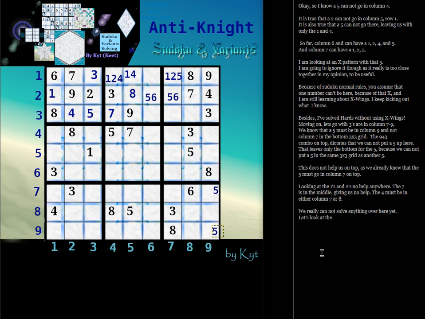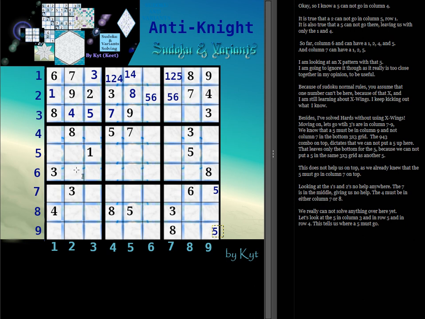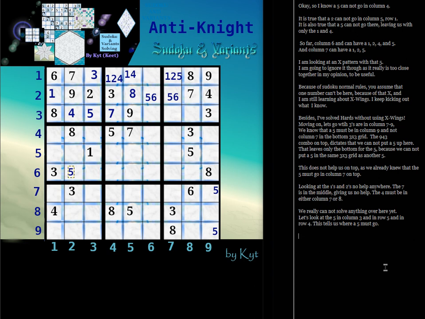Let's look at the 5 in column 3 and in row 5, and in row 4. This tells us where a 5 must go. Five can only logically go in column 2.